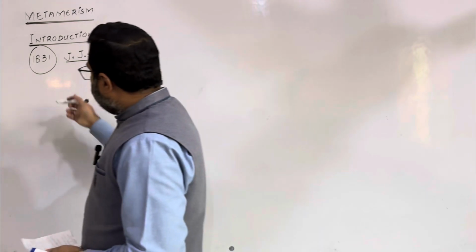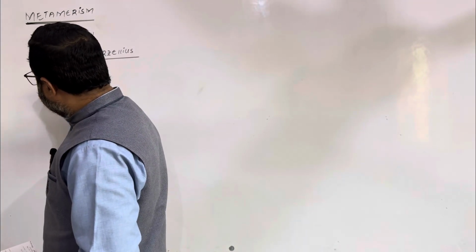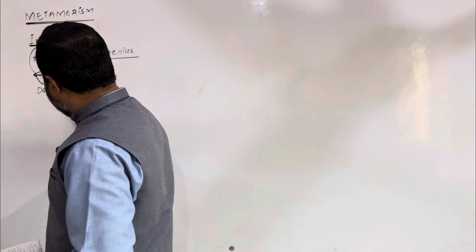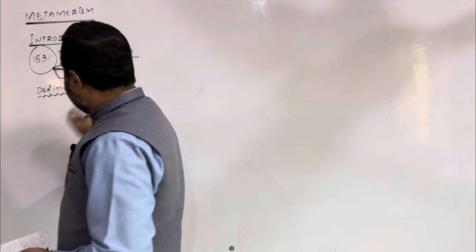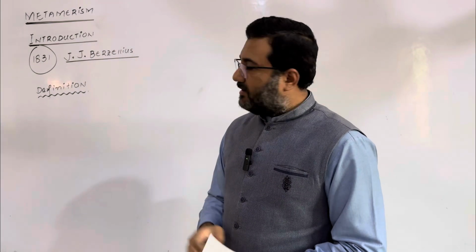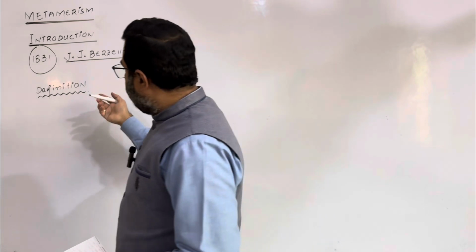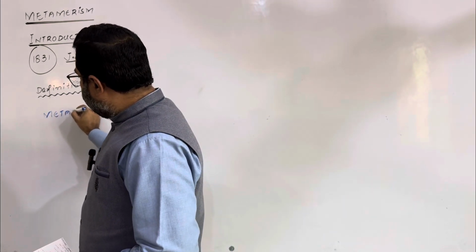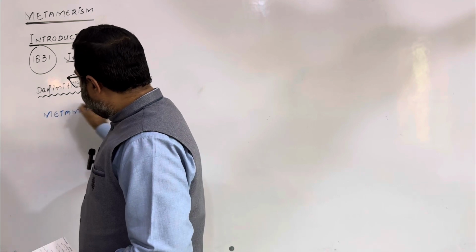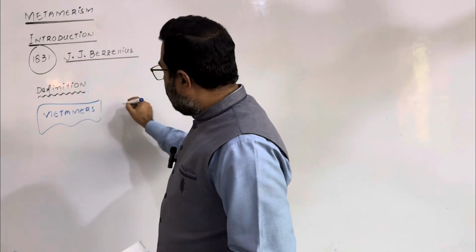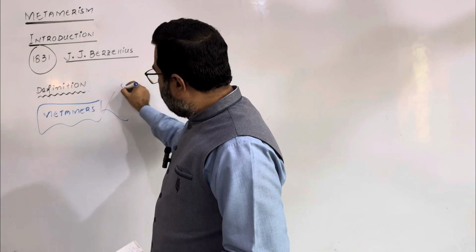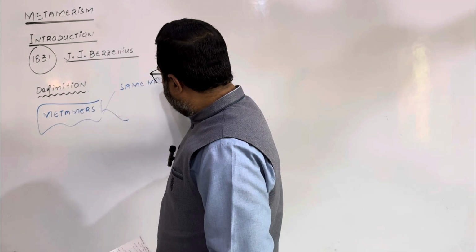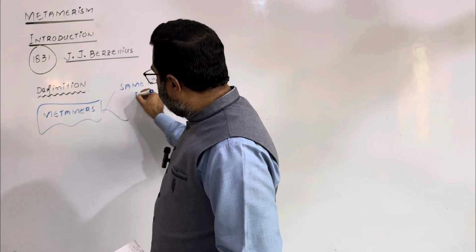Now let us talk about the definition of metamerism. Dear students, metamerism is the type of isomerism in which compounds which are called metamers have same molecular formula.